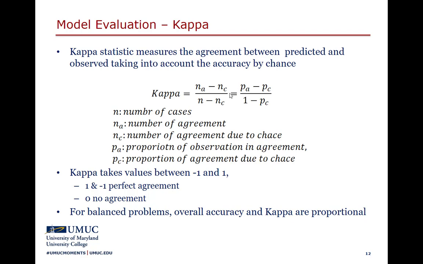No alignment or no agreement with the true cases. Now, if you have a balanced problem, overall accuracy and kappa statistic are proportional. They tend to be close to each other when you have a balanced problem. That's part of the reason why, if you have a balanced data set, then accuracy might be sufficient.